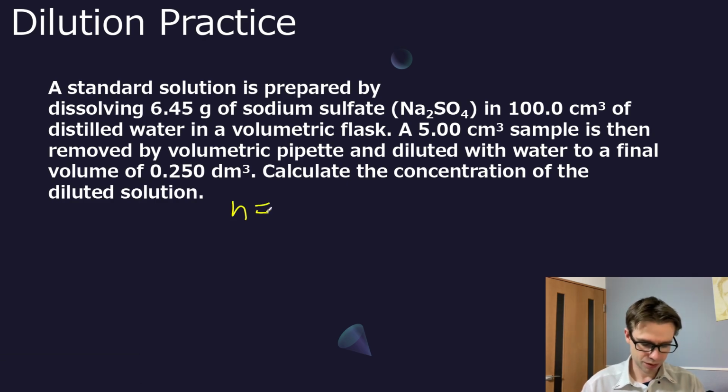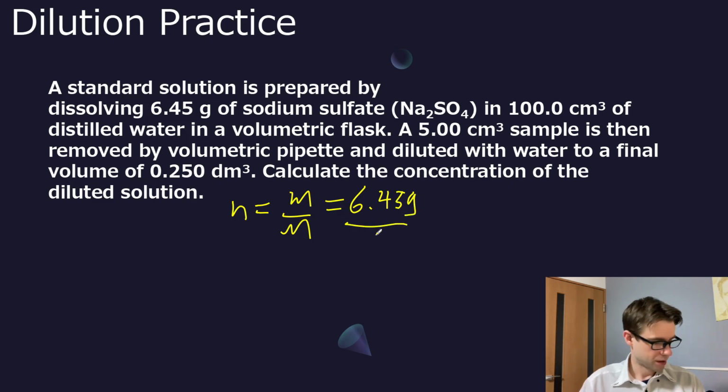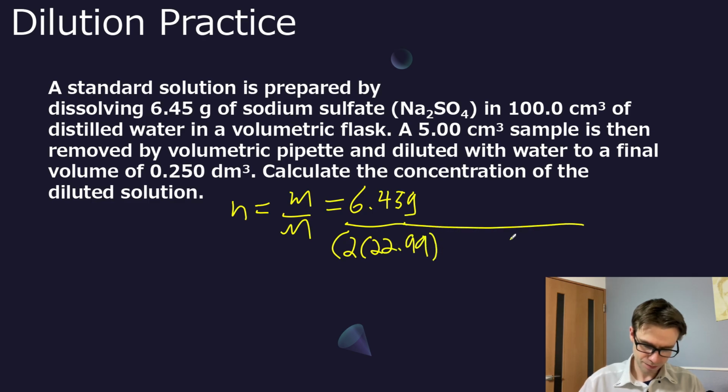So number of moles equals mass over molar mass. Same thing as usual. 6.45 grams. The molar mass of this is going to be pretty large too. We're going to have 2 sodiums, 2 times 22.99. Sulfur, 32.07, one of those.